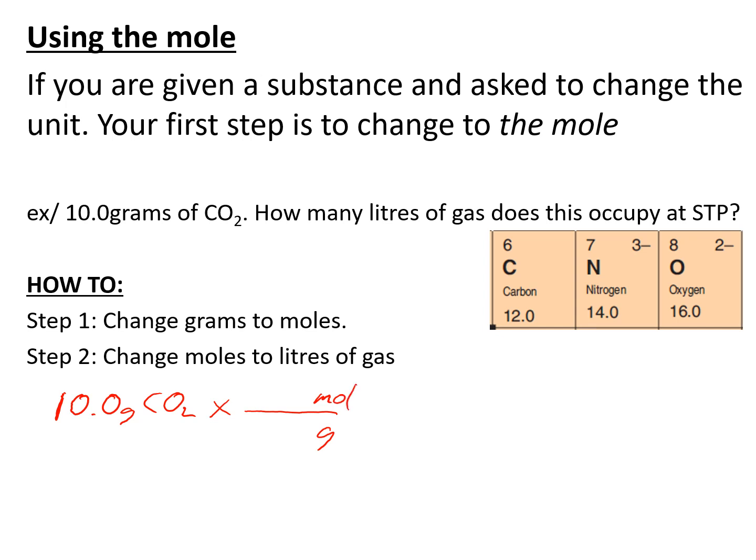So 1 mole is equal to the molar mass of carbon dioxide, and the molar mass of carbon dioxide is, well, carbon is 12, and oxygen is 16. There's 2 oxygens, so 16 plus 16 is 32.